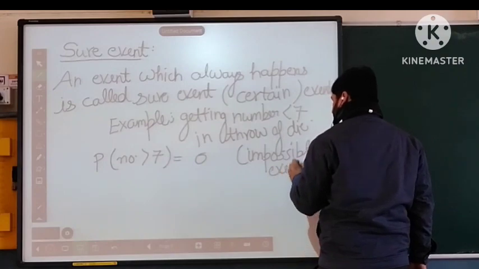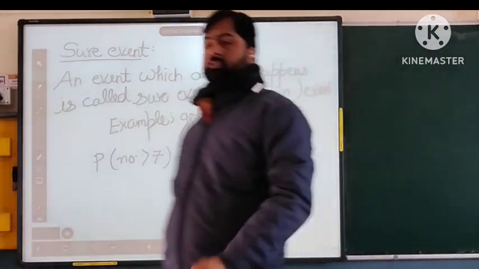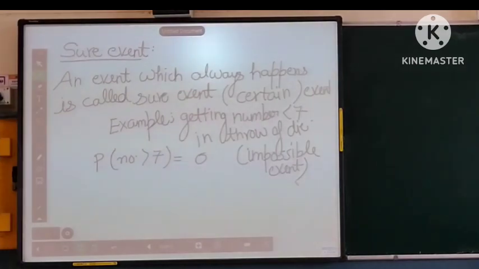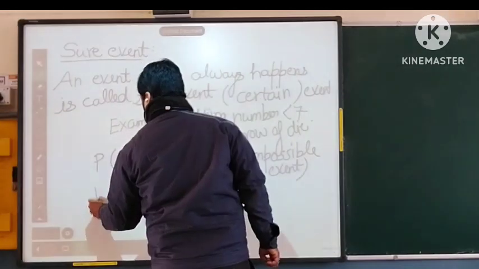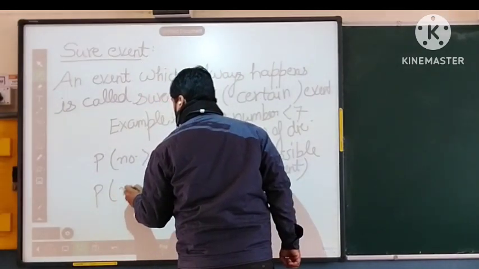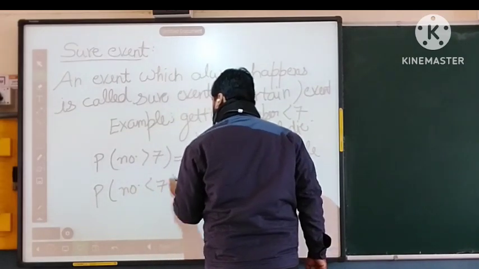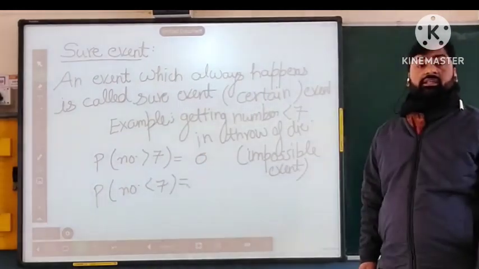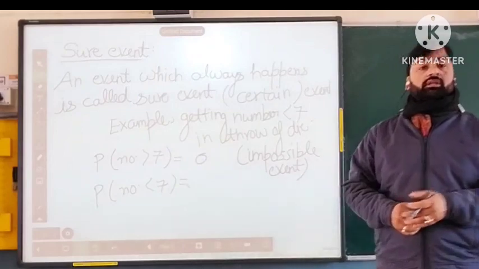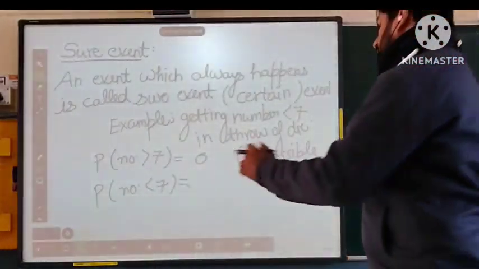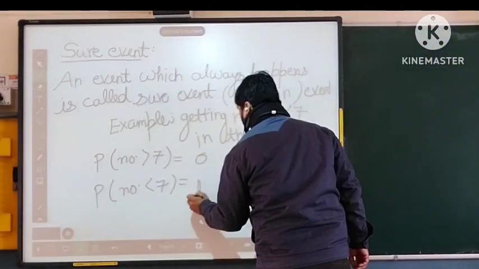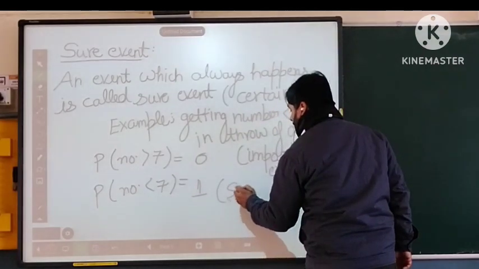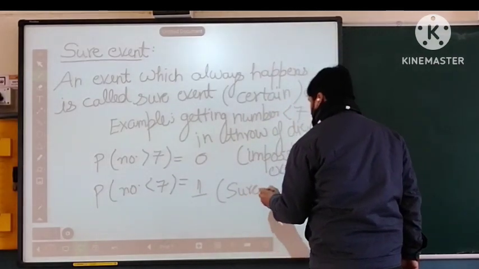But if I say the probability of getting a number less than 7, all the numbers that you will get in a single throw of the die will be less than 7. So the probability of a sure event is 1. That is what I intended to tell you.